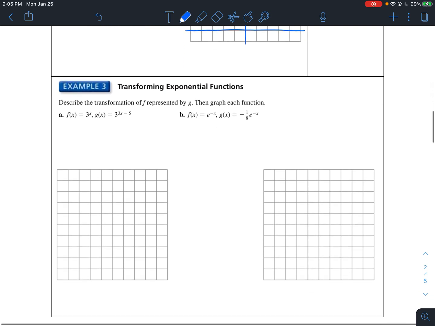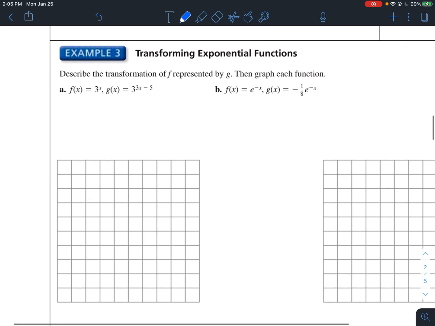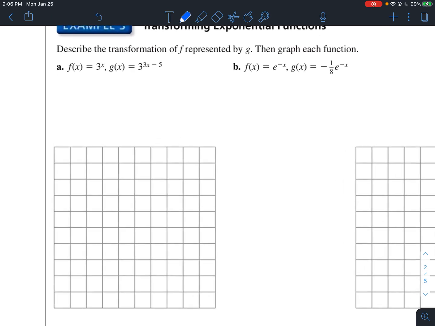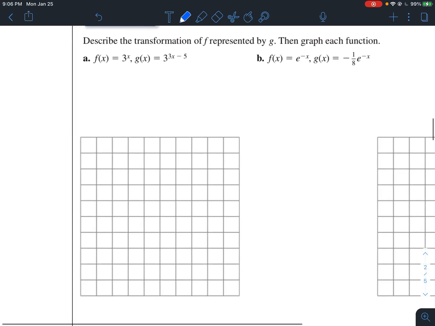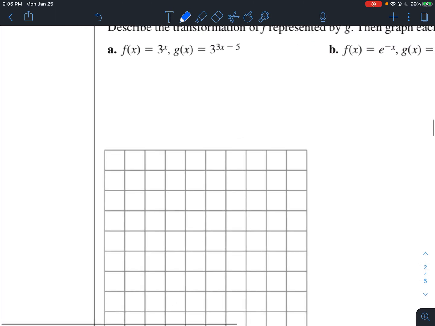Now let's go to example 3, transforming exponential functions again, but this time a little bit different. This time I think we're talking more about reflections and stretches and shrinks. So describe the transformation of f to g and then graph. For a, we have f of x is equal to 3 to the x.